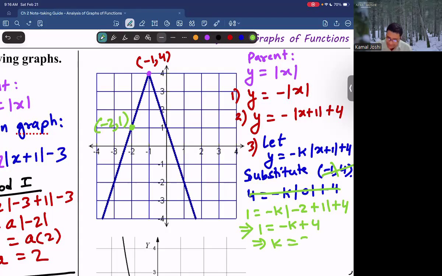So you get k equals 3. Okay, k is 3. That means your equation, finally I'll write here, will be y equals -3 times the absolute value of x plus 1, plus 4.